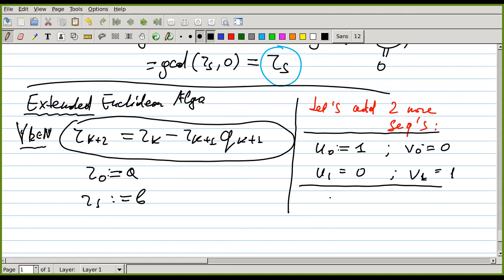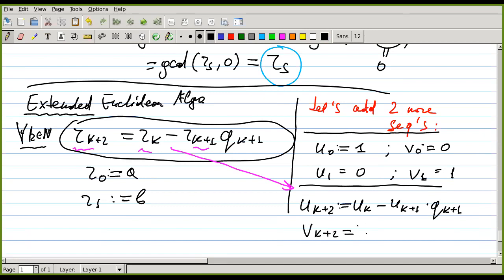And for all the other naturals, I will mimic this very equation, but I will change R's for U's and for V's respectively, so that I will put UK plus 2 to be equal to UK minus UK plus 1 multiplied by QK plus 1. And likewise, VK plus 2 will be equal to VK minus VK plus 1 multiplied by QK plus 1. Is it clear?